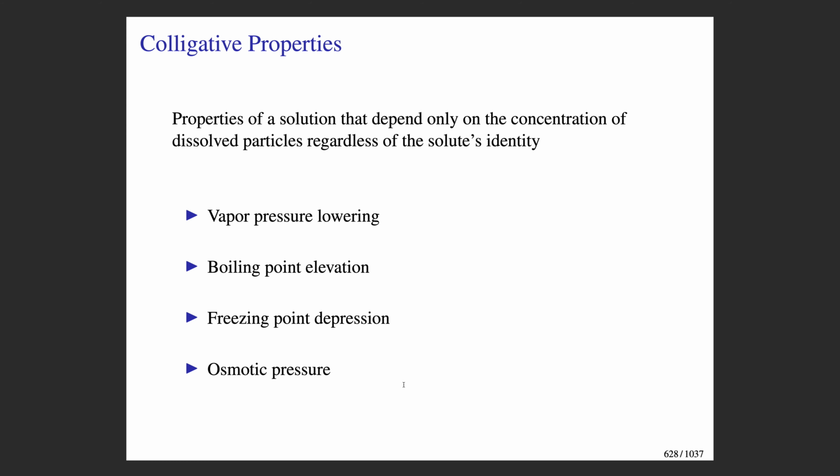It's always larger than the boiling point of the pure solvent. Freezing point depression, conversely, the freezing point of a solution is always lower than the freezing point of the pure solvent. And lastly, a term that you may have learned about already in your biology coursework, the osmotic pressure of a solution is a colligative property. And so I'll talk about that as well.